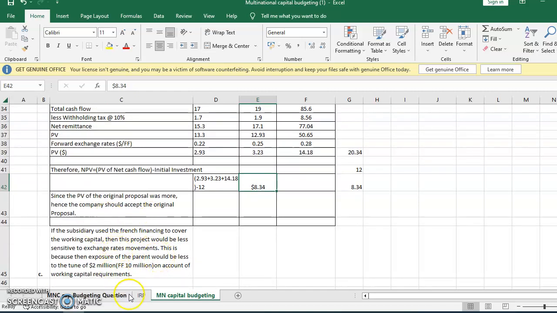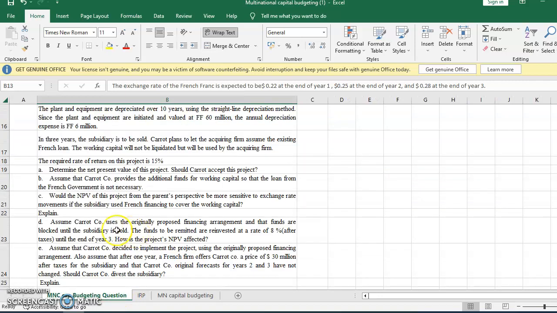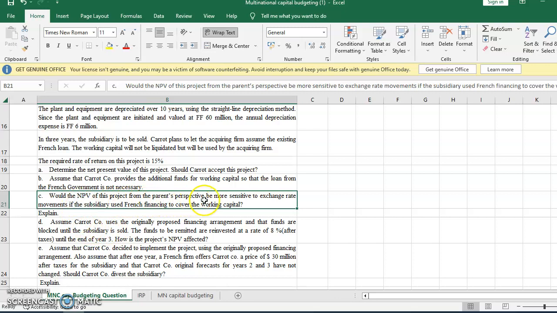The third part of the question is, they've asked you, would the NPV of this project from the parent's perspective be more sensitive to the exchange rate movement if the subsidiary used French financing to cover the working capital? French financing to cover for the working capital is 10 million, right? And the exchange rate is 0.20.